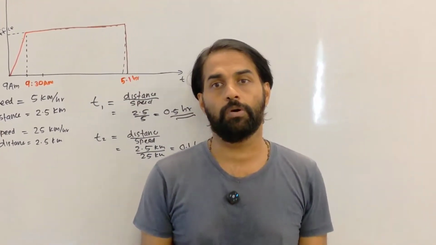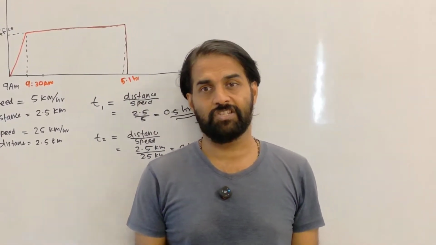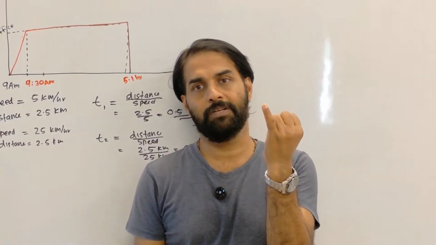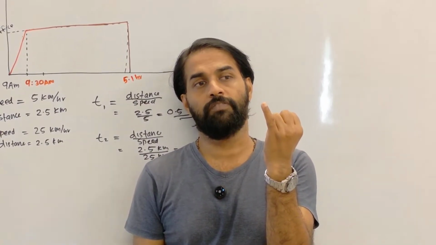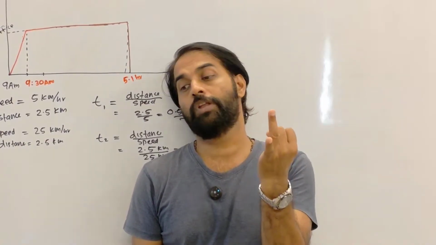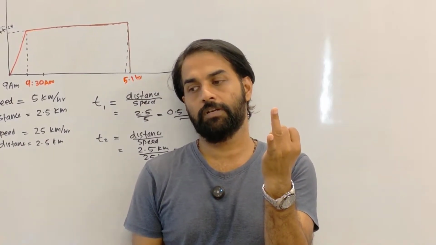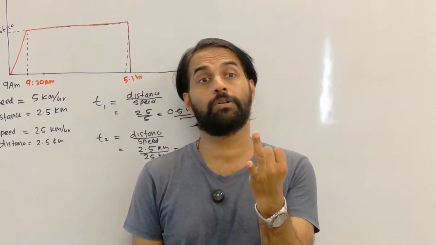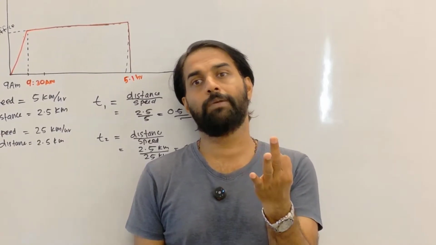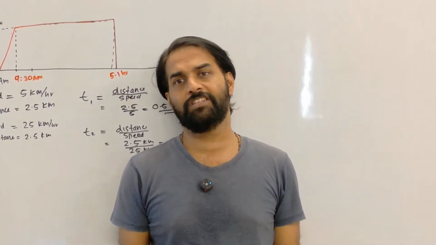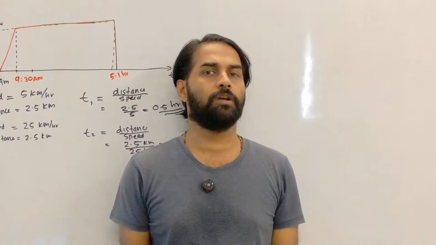If there is no clue about distance, your formula is v is equal to u plus at. That's our priority formula. If there is no clue about final velocity, your formula is s is equal to ut plus half at square. If the question has no clue about the time taken, your formula is v square is equal to u square plus 2as. But in this case, there is no clue about time taken.